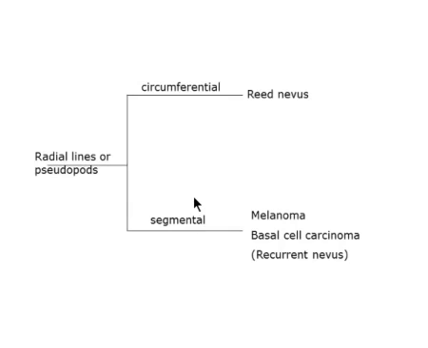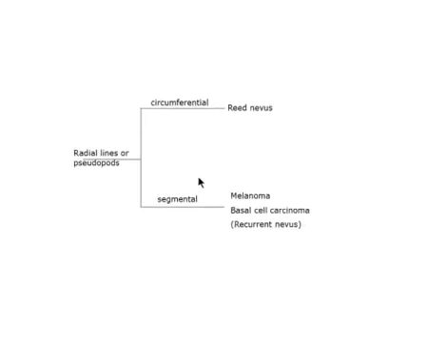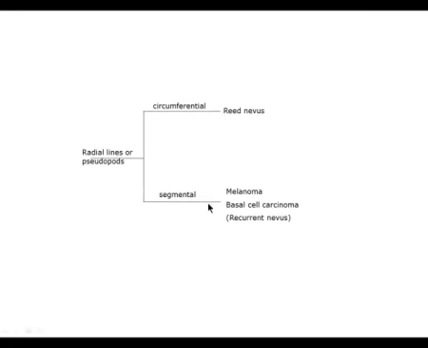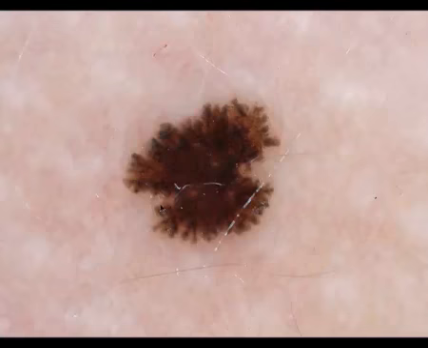Or radial lines or pseudopods that are distributed only in some segments at the periphery. Then we have segmental radial lines or pseudopods. Then the differential diagnosis is melanoma and basal cell carcinoma. Also, the differential diagnosis includes recurrent nevus, but usually the context tells you if a recurrent nevus is present.